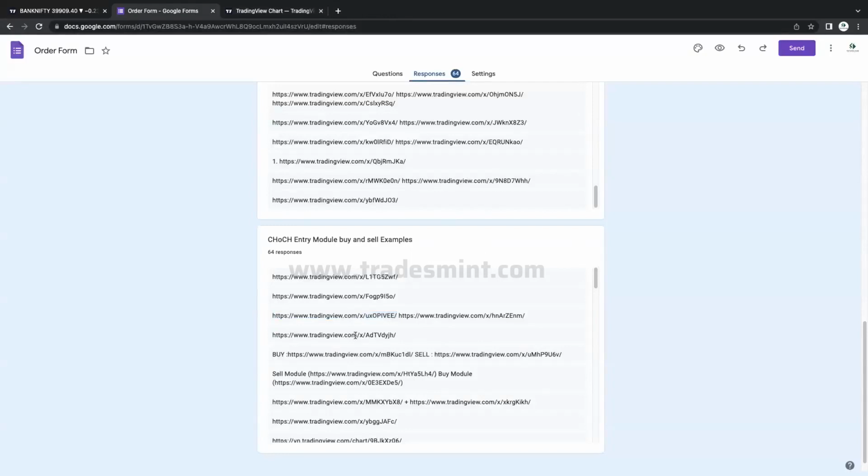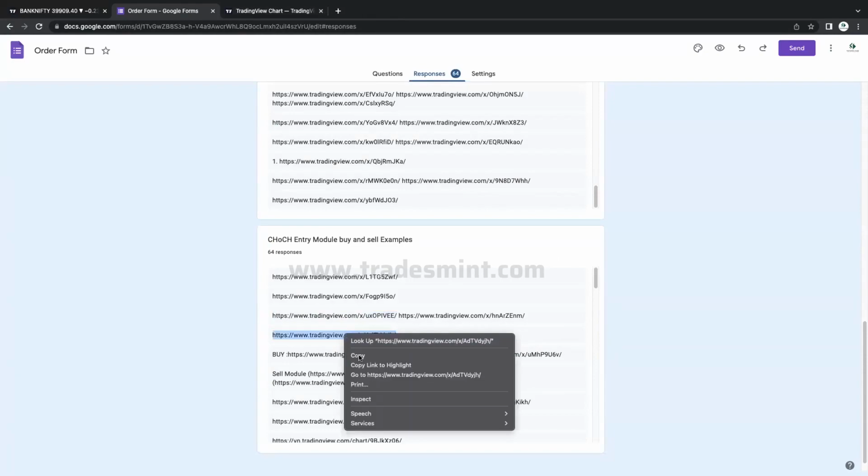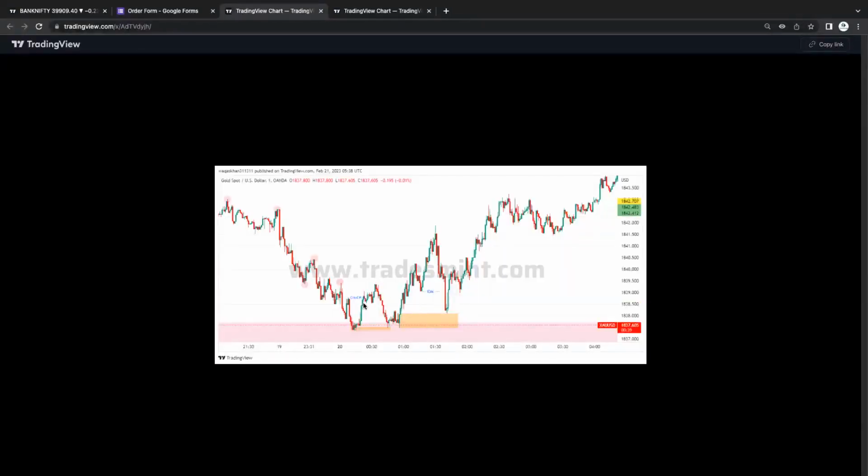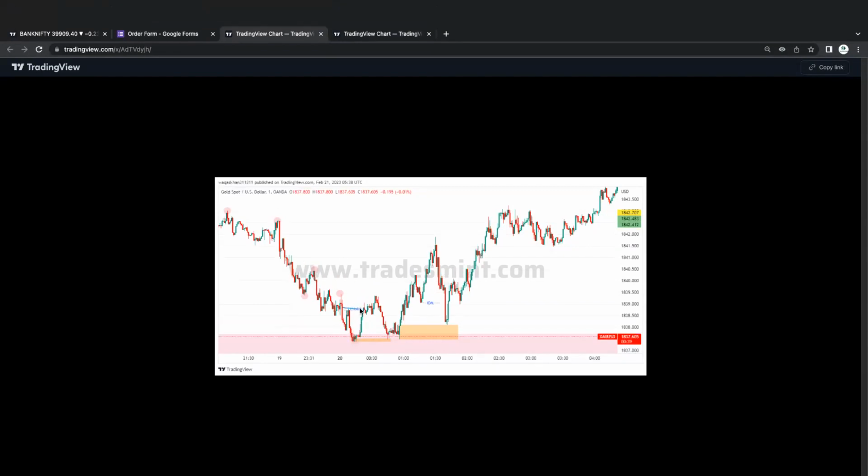Let's check another one. Perfect. Price taps on the PDI. After tapping the PDI, what happened here? First CHoCH, taken out the inducement, tap on the extreme and go higher.